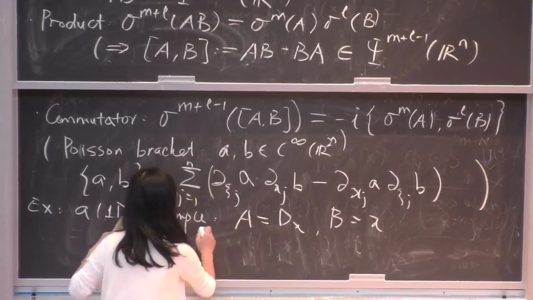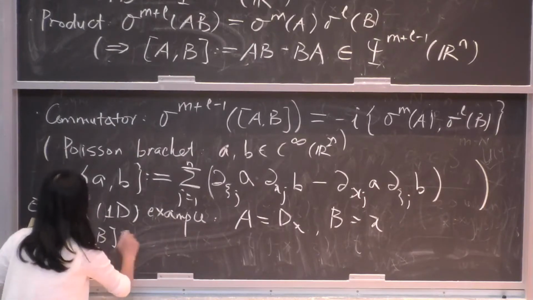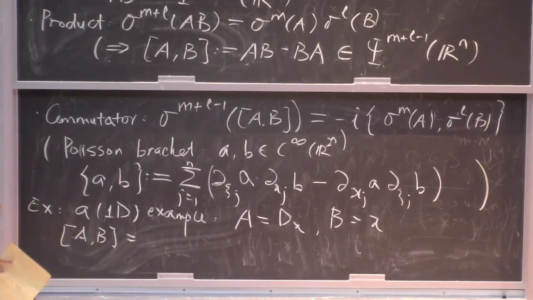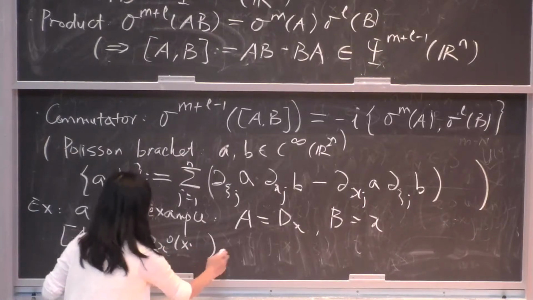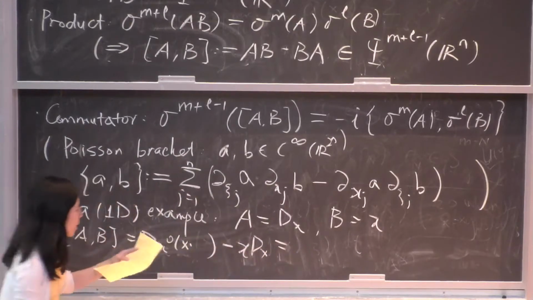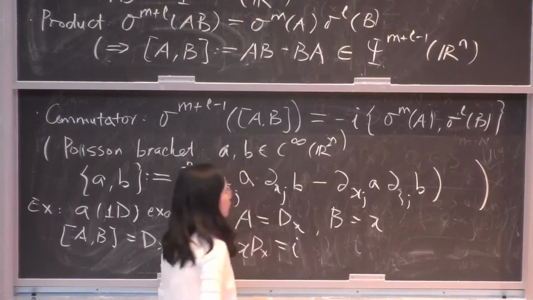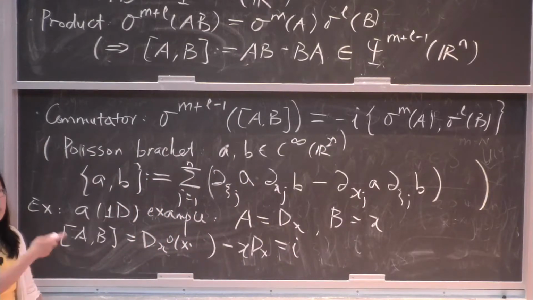Then you can compute the commutator of this. [A,B] is just given by D_x composed with multiplication by x, minus x D_x. And then using the chain rule, you immediately see that this is equal to i. Remember, my D_x is 1 over i partial x, so I have an i here.